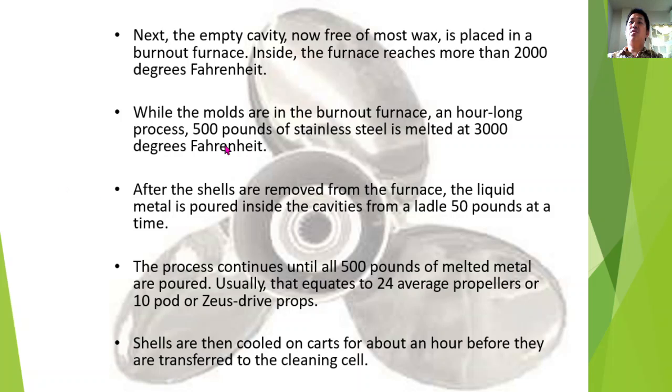While the molds are in the burnout furnace, an hour-long process, 500 pounds of stainless steel is melted at 3000 degrees Fahrenheit. So it's the melting temperature of stainless steel. After the shells are removed from the furnace, the liquid metal is poured inside the cavities from the ladle, 50 pounds at a time.